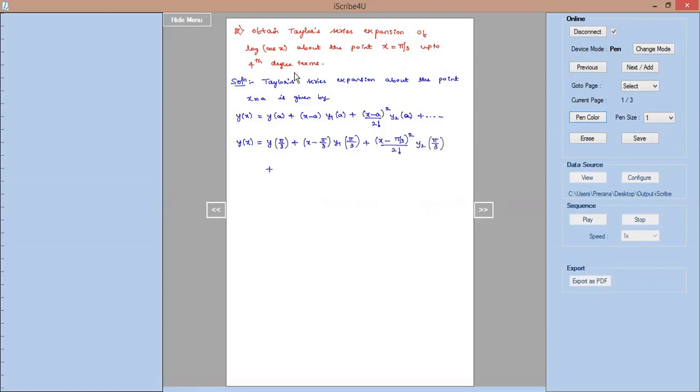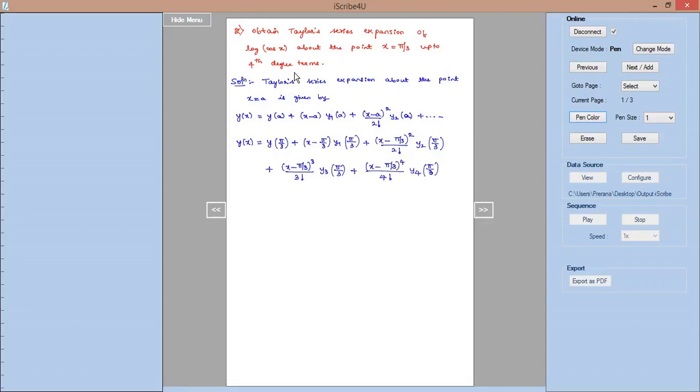The third degree term will be (x minus pi by 3) the whole power 3 divided by 3 factorial into y3 of pi by 3, and the 4th degree term (x minus pi by 3) whole power 4 divided by 4 factorial into y4 of pi by 3.